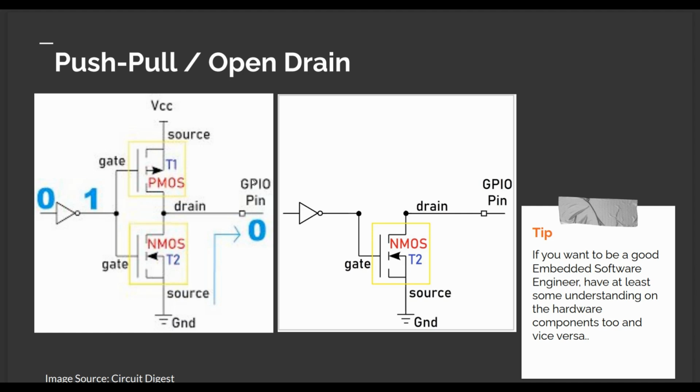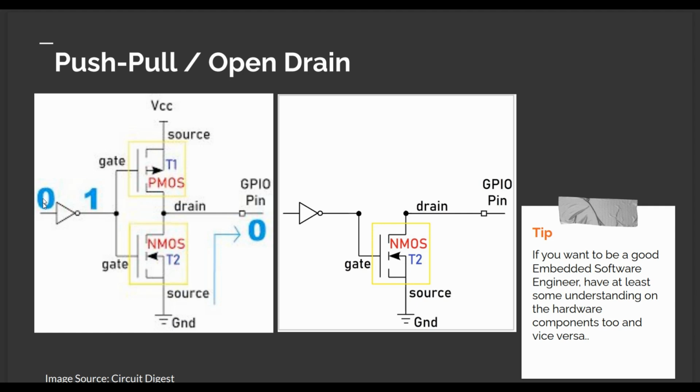So the GPIO output pin will see whatever voltage is at the positive rail. So we'll get a high logic here. In short, when we write 1 here, the PMOS will be in conduction mode, and at the output we'll get a high logic.